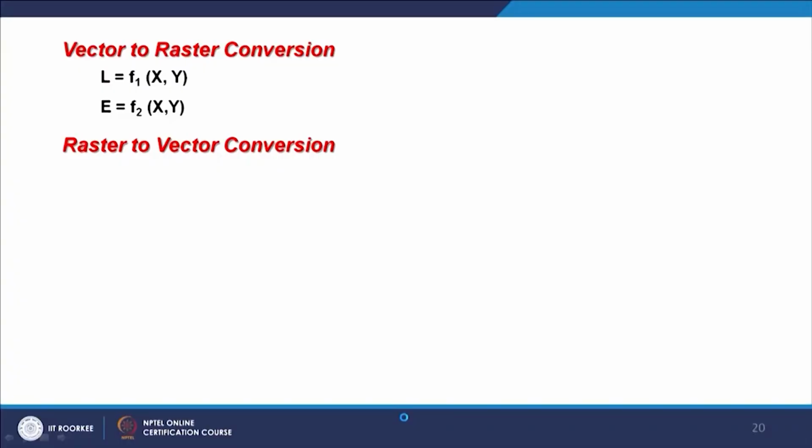Last here is the conversion: vector to raster conversion and raster to vector conversion. As I mentioned earlier, it is possible to convert from one format or model to another. But whenever you convert from one to another, these conversions are not fully transparent and therefore they will introduce errors.